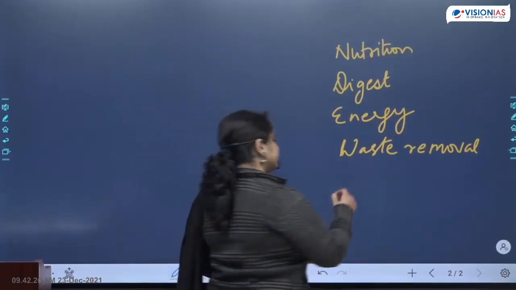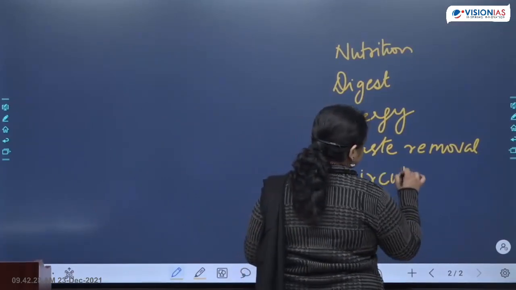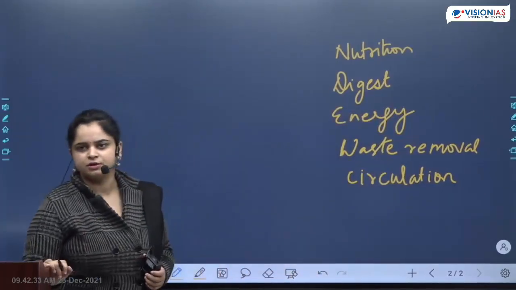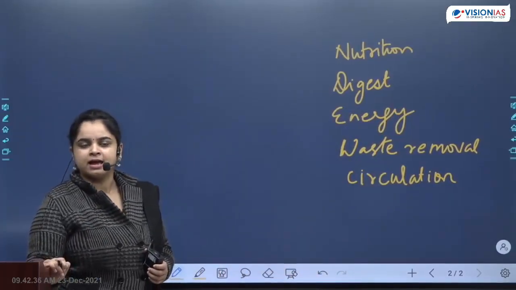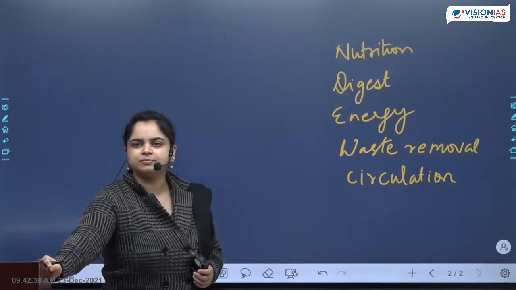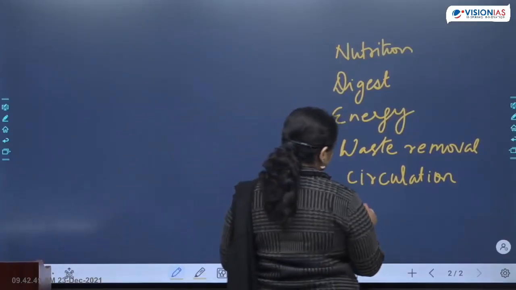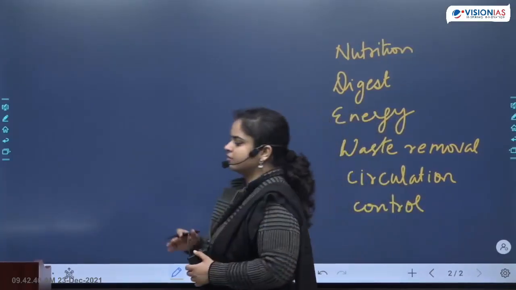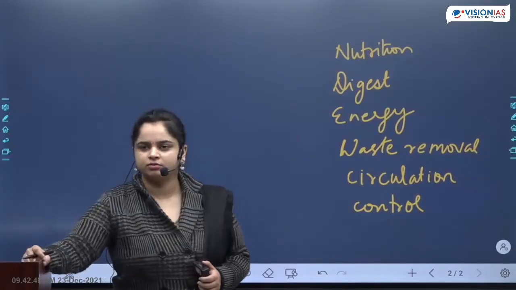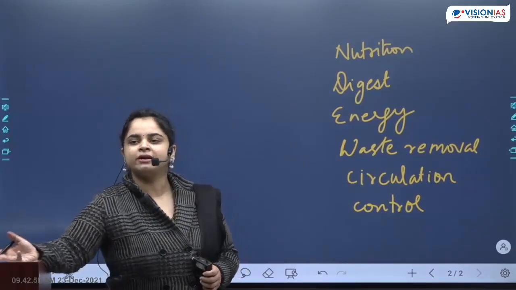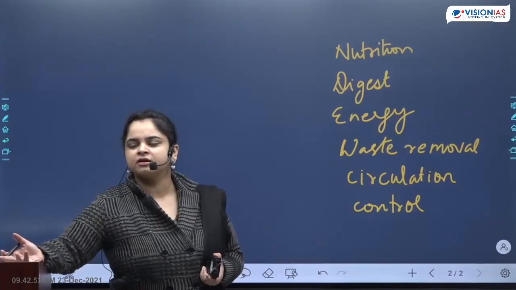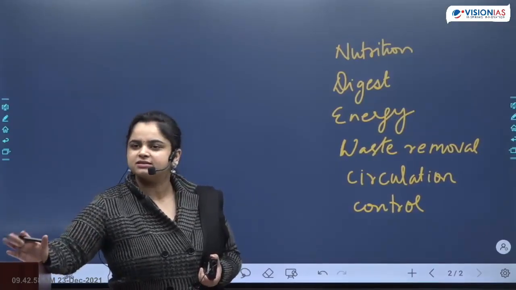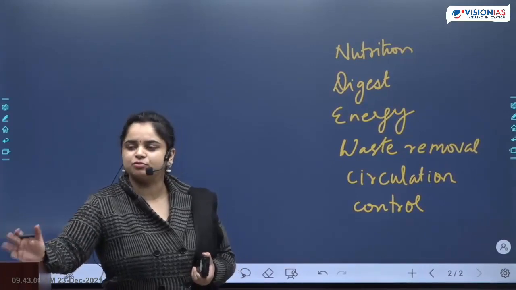So there is a need for an internal process to circulate these things, to move them from one part to the other. And to get this whole operation in place, you need a system of control. You need a place where all these activities could be controlled. So for the basics of the activities of living organisms, in the most simplistic of terms, this is how life is supposed to be.